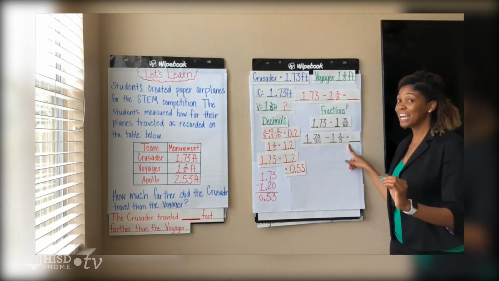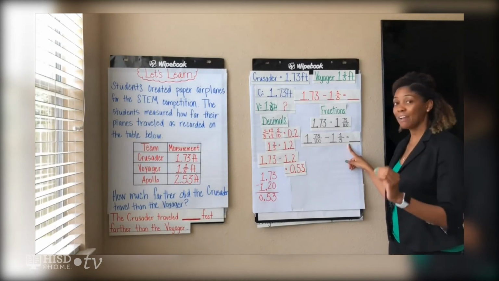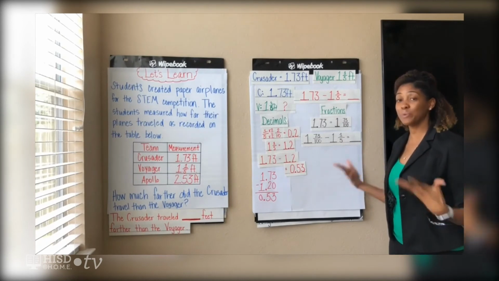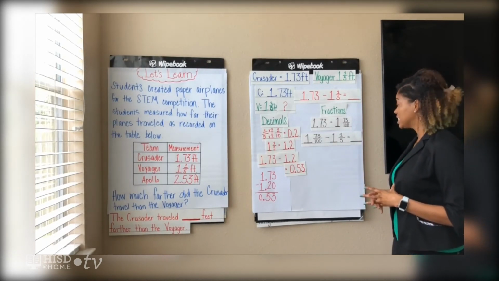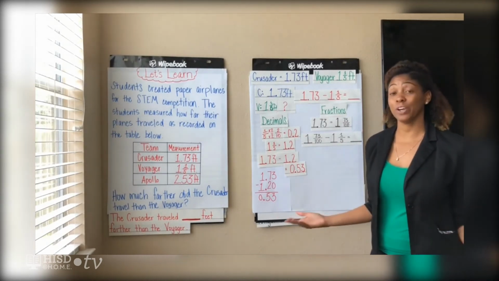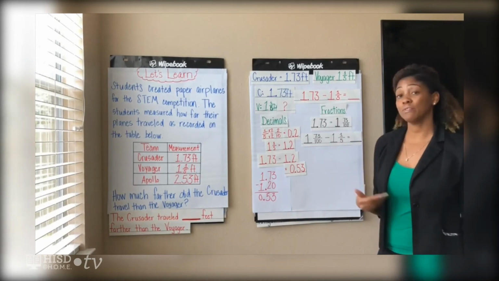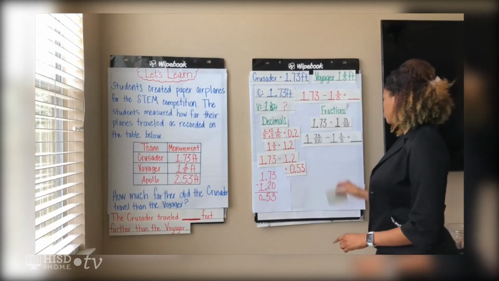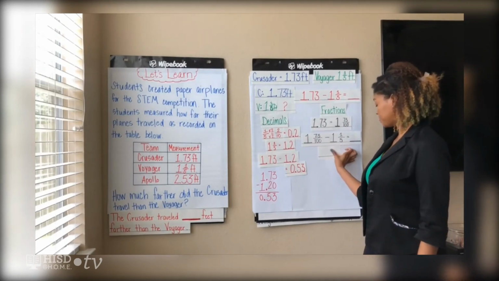If you remember the last activity that we did, you have to make sure the denominators are the same before we can do any type of subtraction. So in order to do that, we need to change 1/5 to be an equivalent fraction of 100. So let's go ahead and do that first.